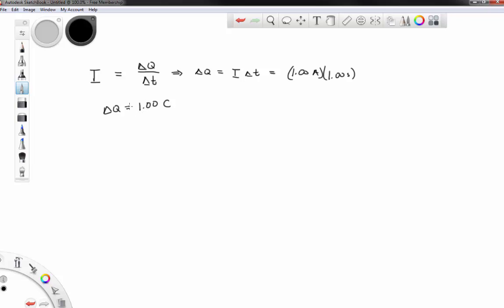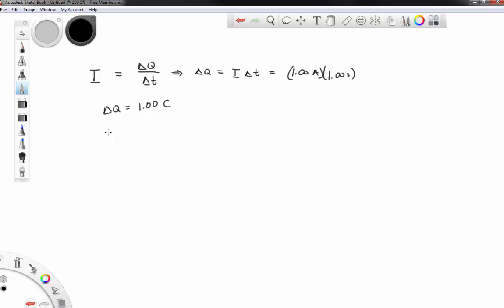Alright. And the sign doesn't really matter here, because if this current is going through the wire, you have electrons going in one direction and electron holes, which are a sort of positive charge, going in the other direction. So the question is, how many electrons does it take to make up 1 coulomb?